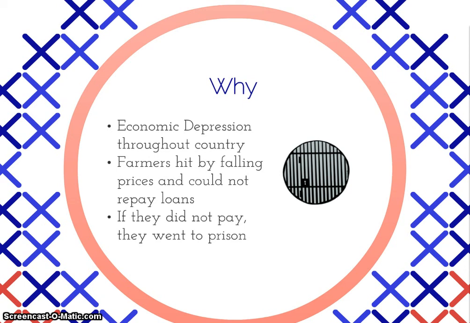They're now selling and barely breaking even or losing money on the product itself. So the farmers then are not able to repay the loans to the land that they own. The states have this debt that they want to pay off, so they're forcing the farmers to pay their debts. And they even threaten the farmers that if they don't pay the debt, they'll go to prison. They'll go to a debtor's prison.